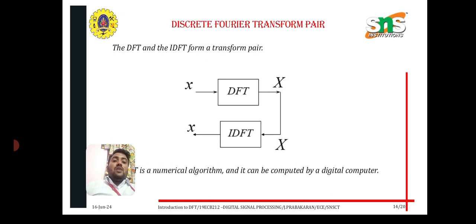The input of DFT is the time domain sequence, and the output of DFT is the frequency domain sequence. The time domain sequence is represented by small x of n, and the frequency domain sequence is represented by capital X of k. Similarly, the input of IDFT is the frequency domain sequence, that is capital X of k, and the output of the IDFT is the time domain sequence.